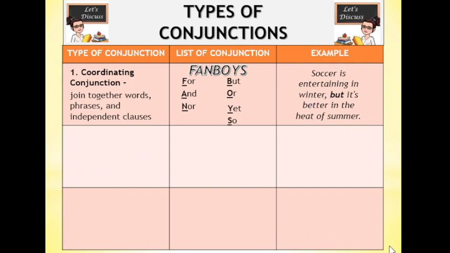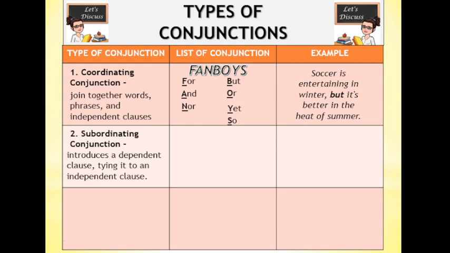Now, let's go to the second type, which is the subordinating conjunction. Subordinating conjunctions introduce a dependent clause, tying it to an independent clause. Take note that in the first one, coordinating conjunctions were combining two independent clauses. Thus, we're creating compound sentences.